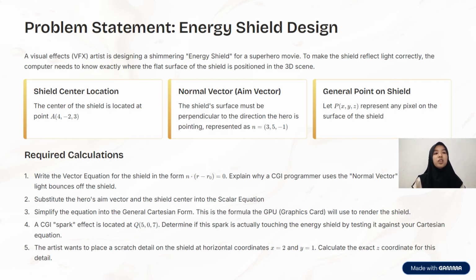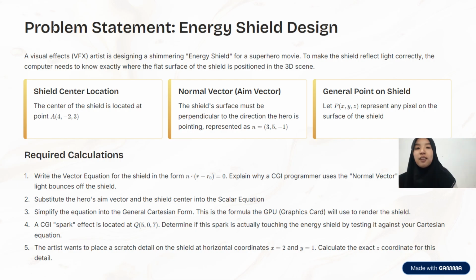This is the formula the GPU graphics card will use to render the shield. So from the second calculation, the scalar equation, we need to simplify and transform it into the general Cartesian form, because the GPU or the graphics card uses the general Cartesian form to render the shape. They do not use the scalar equation, they use the general Cartesian form.